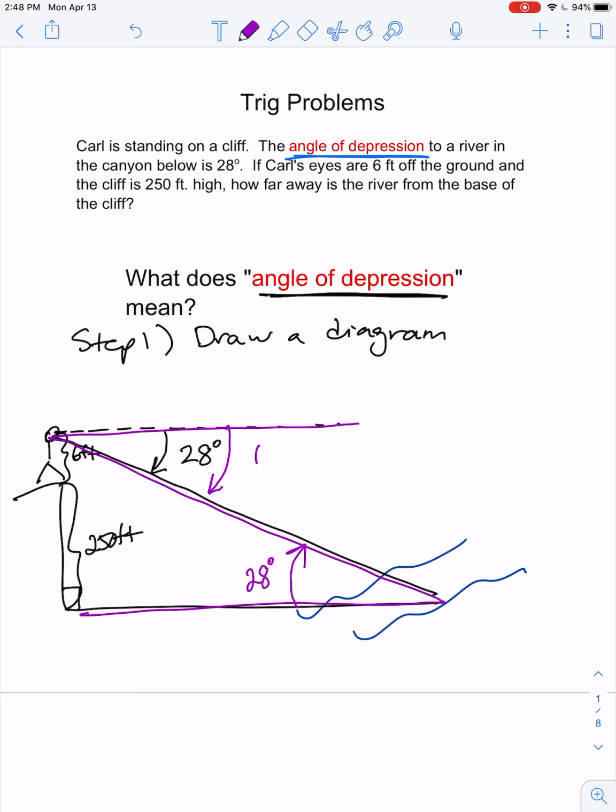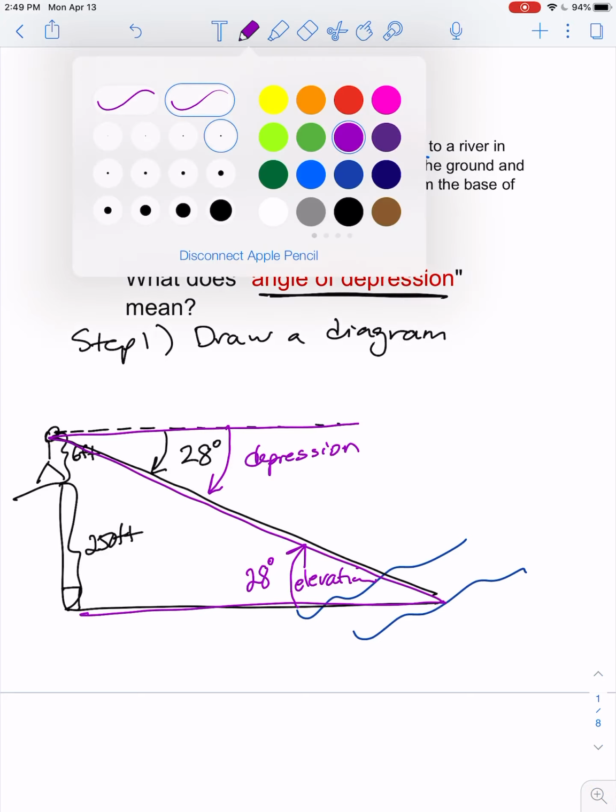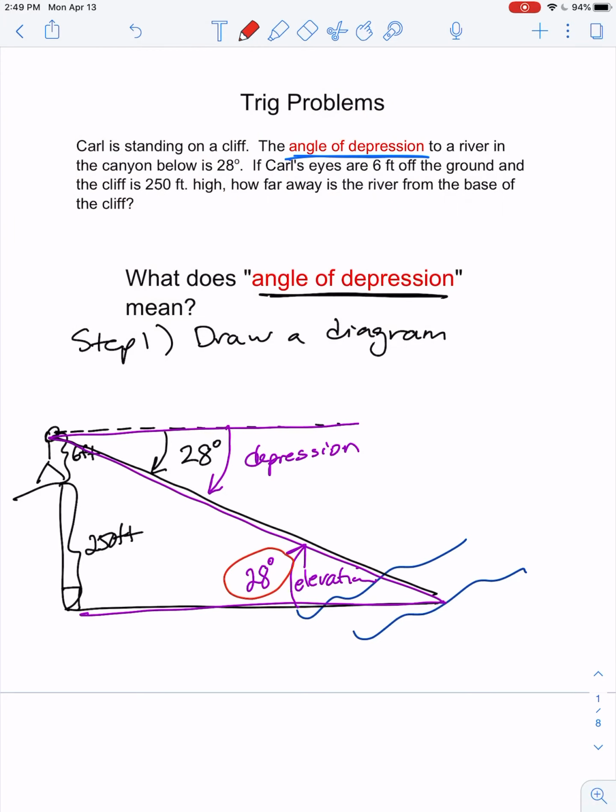So the angle of depression from Carl down to the river is equal to the angle of elevation from the river up to Carl. And this happens all the time.